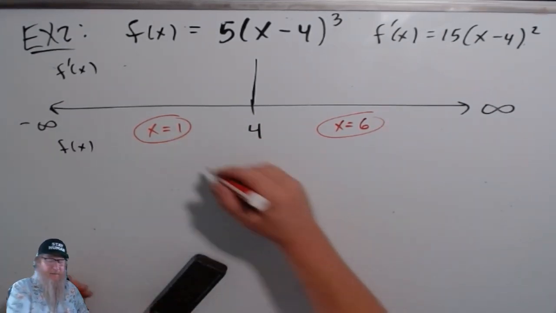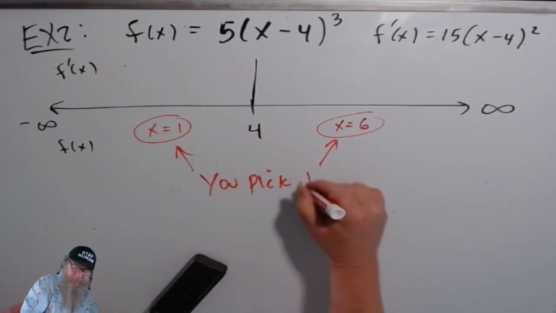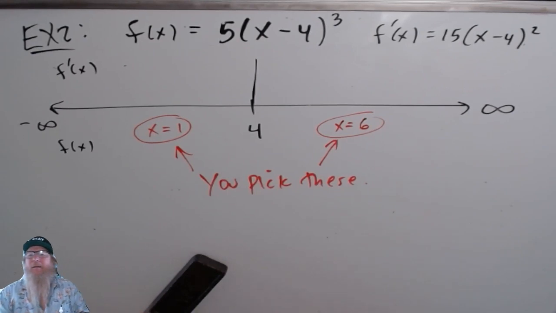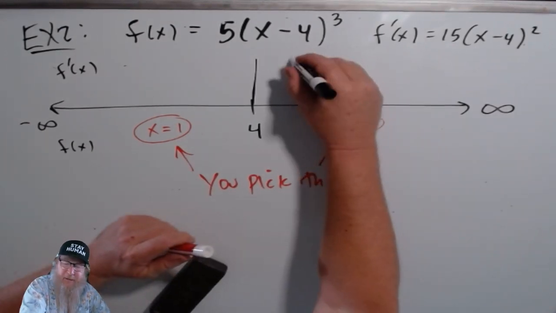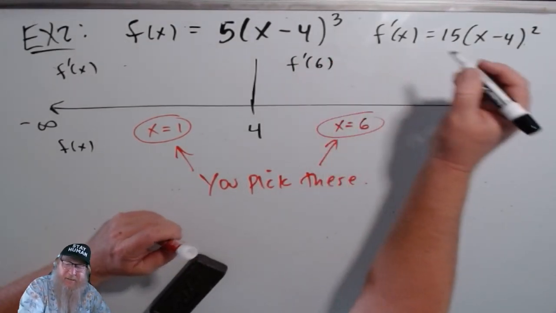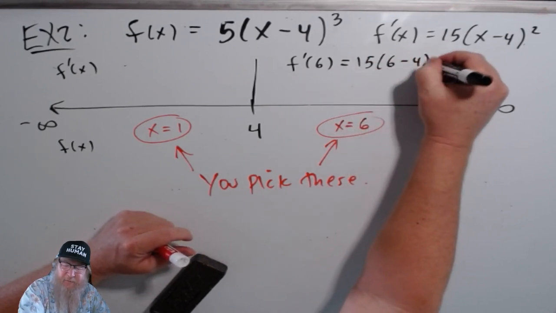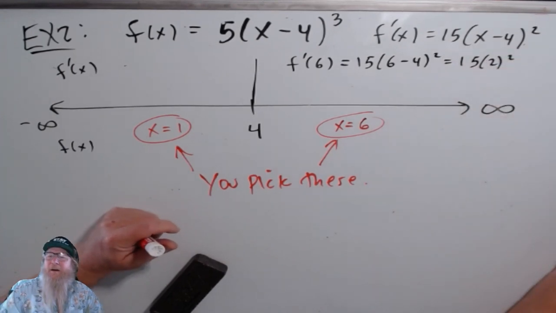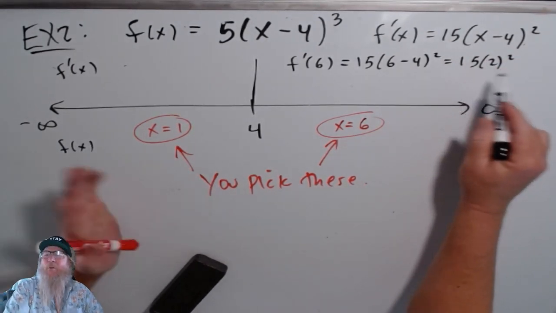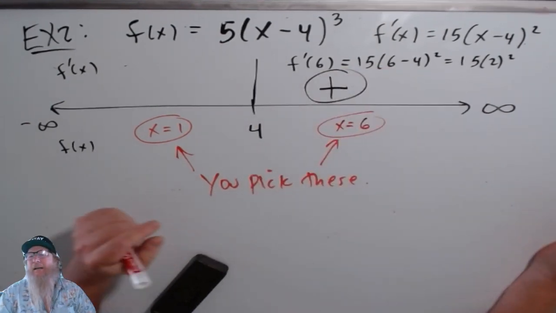You get to pick these numbers. And then you plug them into the derivative. So f prime of 6 is 15 times (6 minus 4) squared, which is 15 times 2 squared. Now remember, I don't actually care what number it is. I just care whether it's positive or negative.